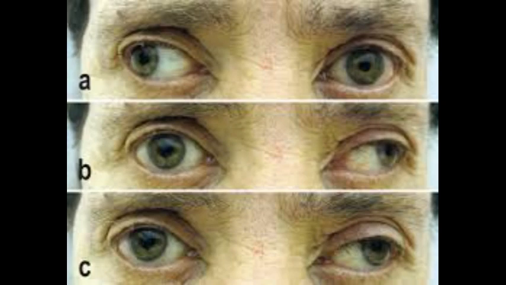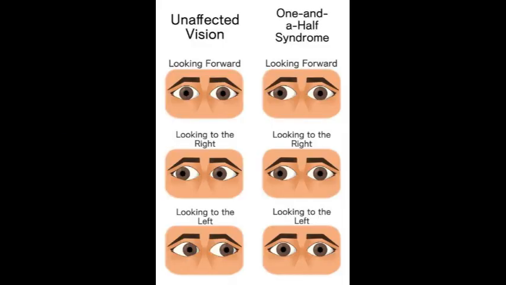Now, if you have a lesion to one side, to the ipsilateral abducens nerve, and at the same time you have a lesion to that same MLF, what happens is that you are going to have something we call one and a half syndrome.